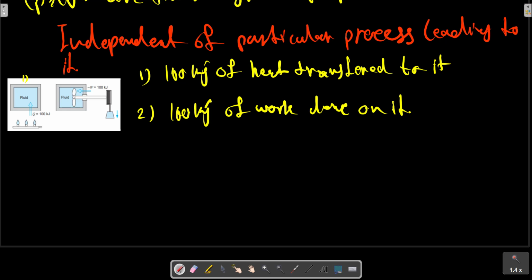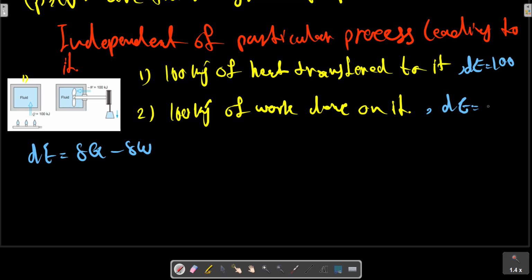Thus the change of internal energy is the same for each, and therefore the final state and the final temperature are the same in each. So for the first one dE is 100 kJ, and for the second one dE is also 100 kJ.